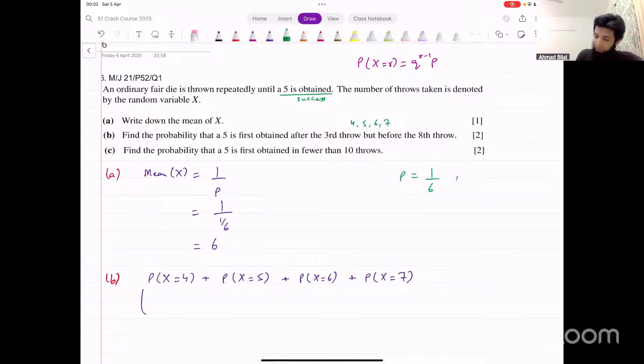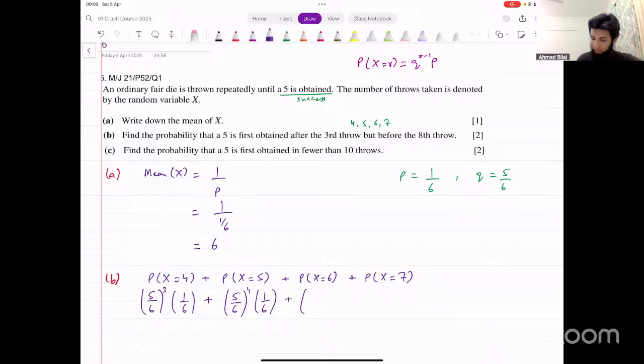If p is 1 over 6, what about q? Q is 5 over 6. So we say 5 over 6 raised to power 4 minus 1, that's 3, times 1 over 6, plus 5 over 6 raised to power 4 into 1 over 6, plus 5 over 6 raised to power 5 into 1 over 6.